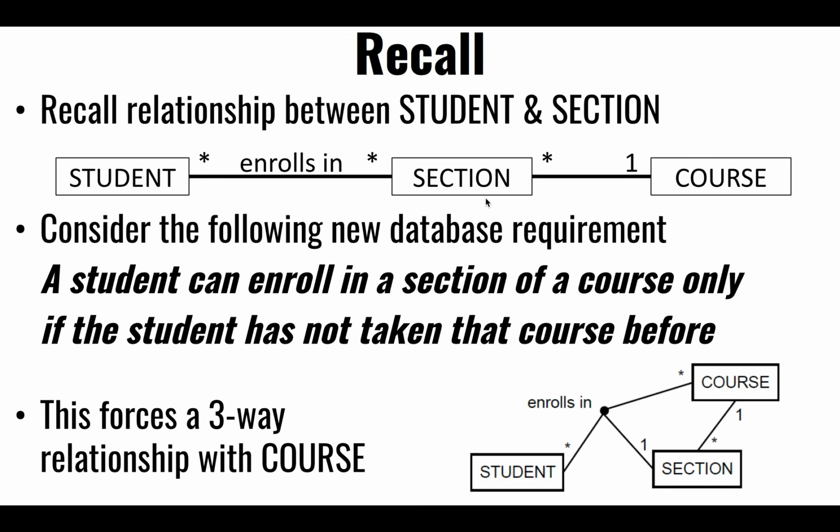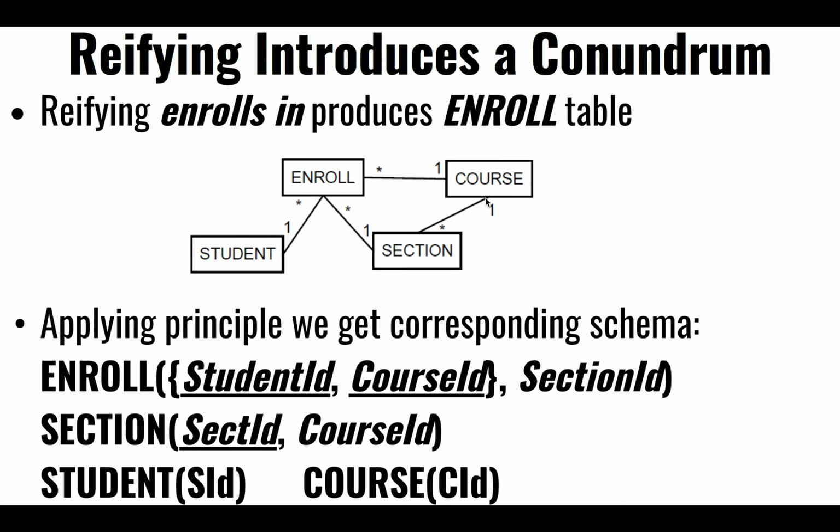If we try to reify this enrolls, we would replace it with several one-to-manys, because we want to remove this many-to-many that goes over here, and so have references to each one of these. So we end up with this enrollment table in between that has several one-to-manys pointing to the original tables: the course, the student, the section.